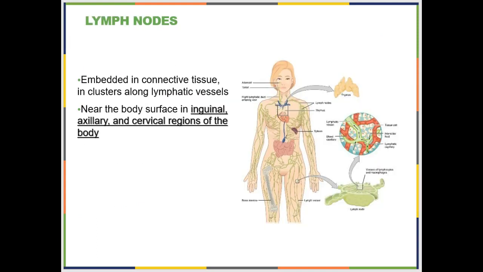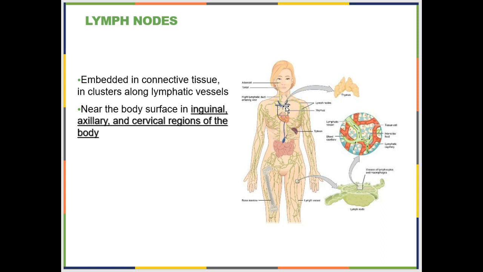So we're just going to run through these quickly, and you basically want to know the function of each lymphatic organ or the location of the different kinds of diffuse lymphatic tissue. So first up is the lymph nodes. They are located along the route that lymph takes from lymphatic capillaries through vessels and trunks back into the bloodstream.